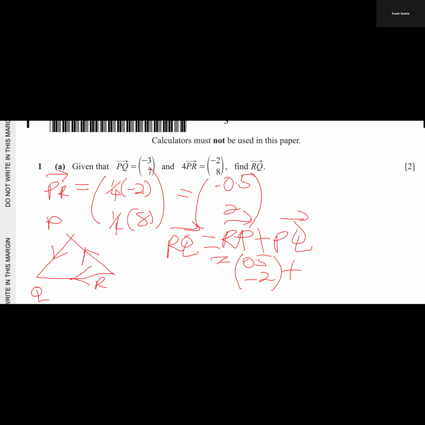PQ is given as 3, 7. So we're working on the 0.5 plus 3, and negative 2 plus 7, so it is 3.5 and then 5. That is it for question number 1A.